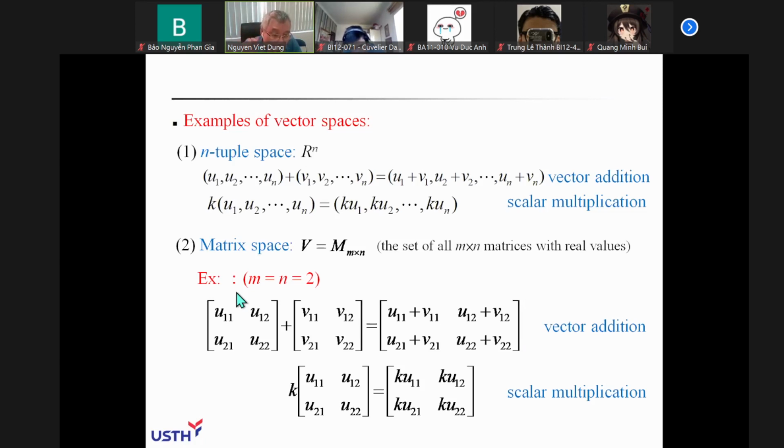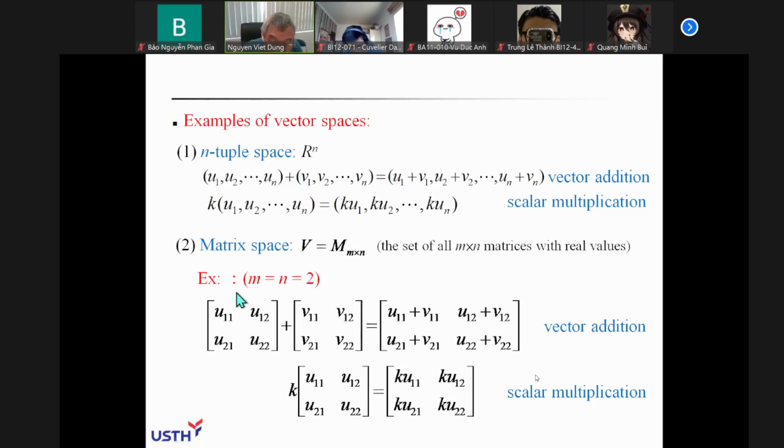But now with this example, a space of matrices, a matrix will be a vector. It is no longer a geometric object. That is something very abstract, and we call it a vector because it is an element inside what we call a vector space. But it is no longer a geometric object.